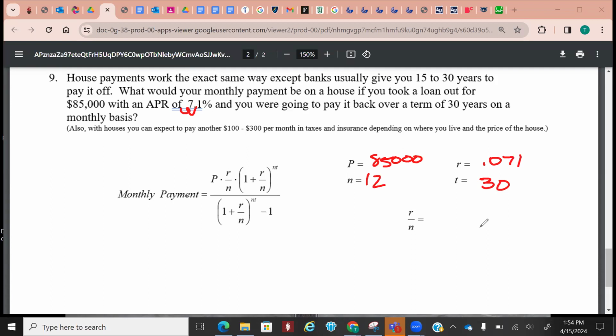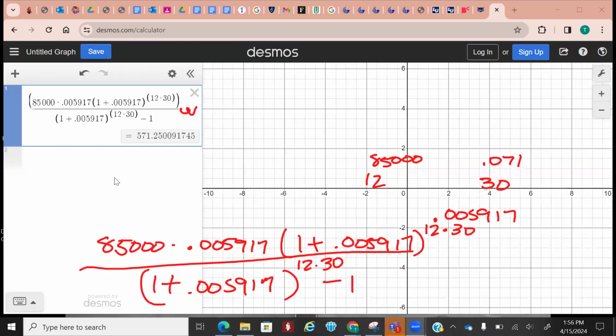So 0.071 divided by 12 gives me 0.0059, let's do 17. Okay, so we're going to take those numbers and plug them in. All right, so I got 571.25. That's your monthly house payment.